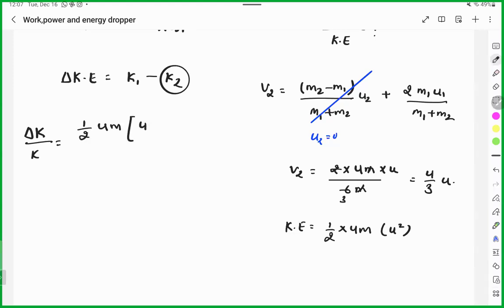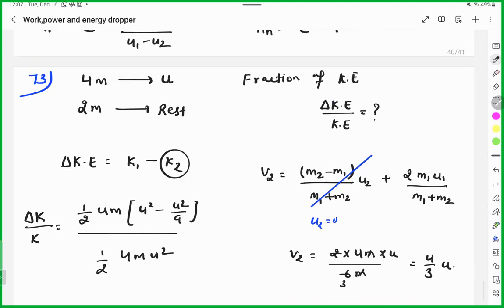Initial velocity was u square. What will be the final velocity? 4 is common, so we can calculate u square by 9, divided by the initial half 4m u square. You can calculate. Yes or no?